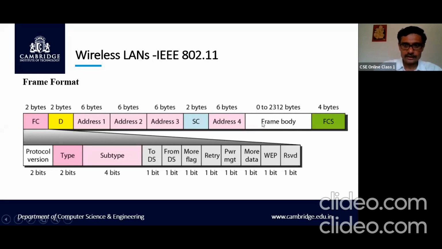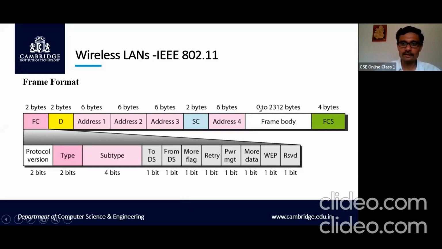So the data link layer gives service to the upper layer. That payload contains the original data, that is information, as well as the headers added in the upper layers. It is the payload received from the immediate upper layer, that is the network layer. So it can be 0 bytes or 2312 bytes.